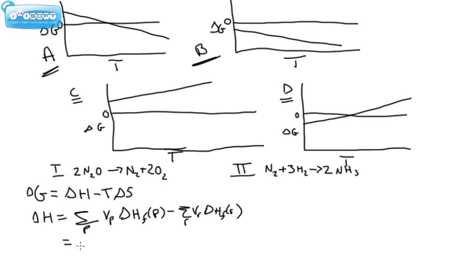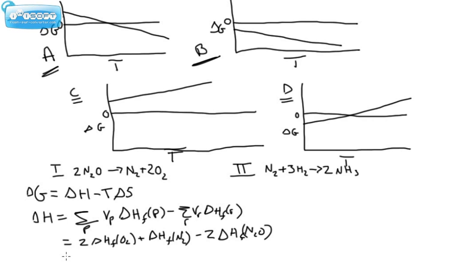So for this reaction, for the products, we have 2 times delta H of formation of oxygen plus delta H of formation of N2, minus 2 times the delta H of formation of N2O.